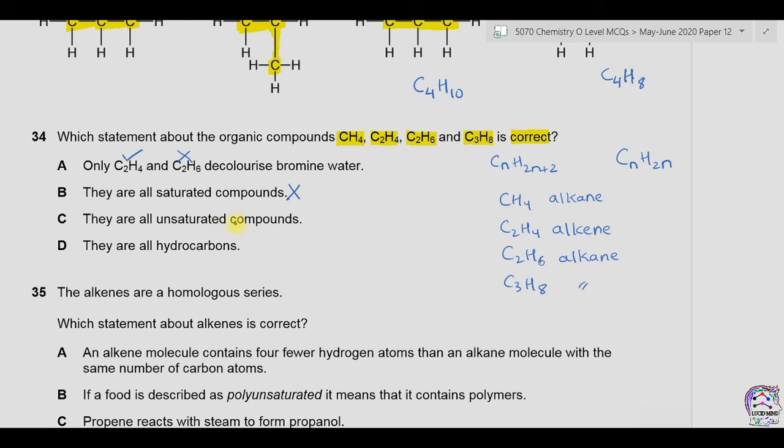They are all unsaturated compounds. No, this is also wrong because we have alkane which is saturated and alkene which is unsaturated. D, they are all hydrocarbons. Hydrocarbons are compounds containing carbon and hydrogen, so therefore this is correct for all of these. So option D is correct, so therefore D is the answer.